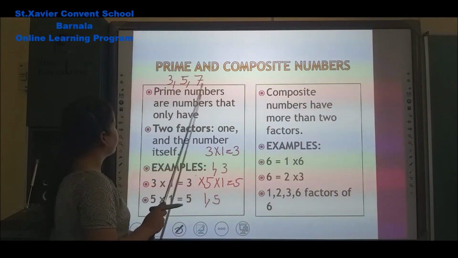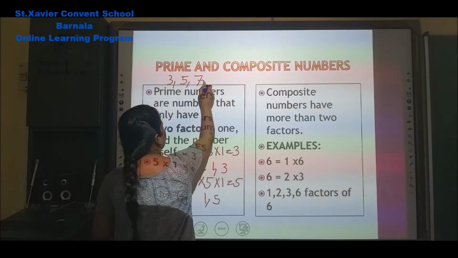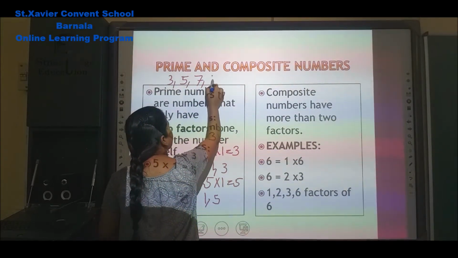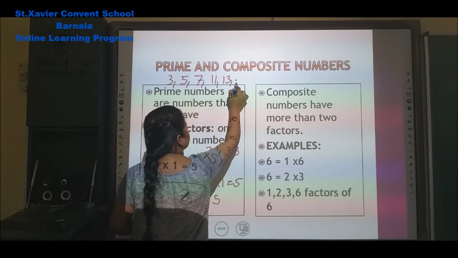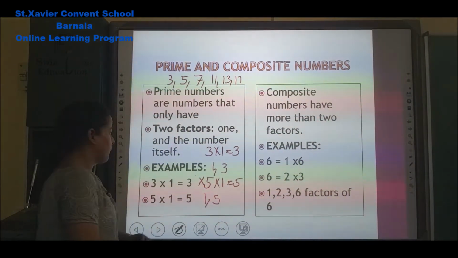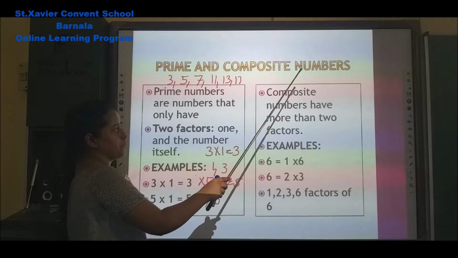These are the prime numbers. Examples of prime numbers are 3, 5, 7, 11, 13, 17 and so on.